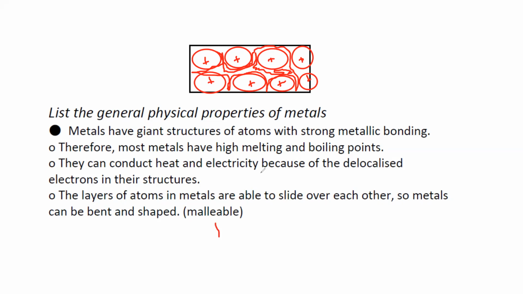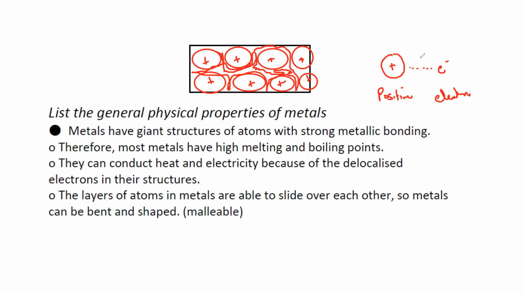So the general properties of the metal: the structure of a metal consists of a lattice of positive ions and the delocalized electrons. Therefore, most metals have a high melting point and high boiling point. What is the reason? Because the metallic bond is strong. What is a metallic bond? Actually, the metallic bond is the attraction between the positive ions and the electrons.